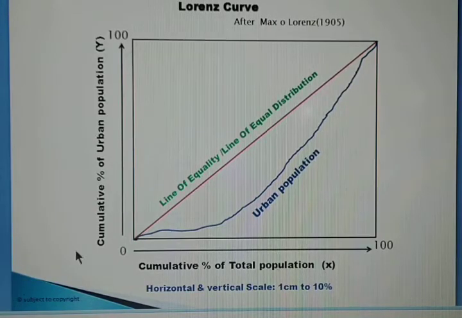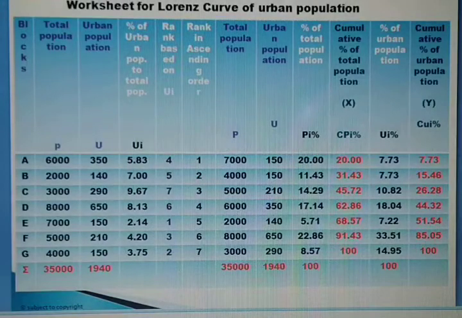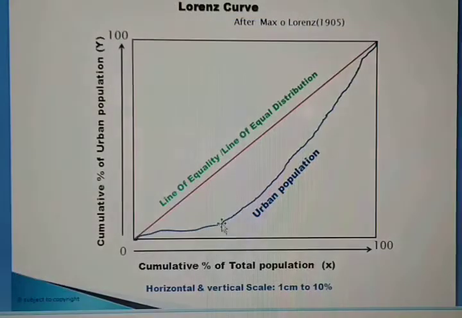Okay, after that you have to plot these values. So here you can see this is the x value, that is 20.00, and this y value is 7.73. So this is your x-axis. So here you have to take 20, and after that vertically 7.73, and you will get a point. Okay, so here this point represents the value x 20 and y 7.73.